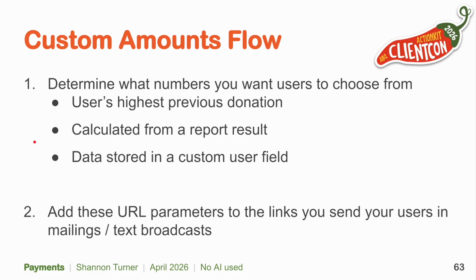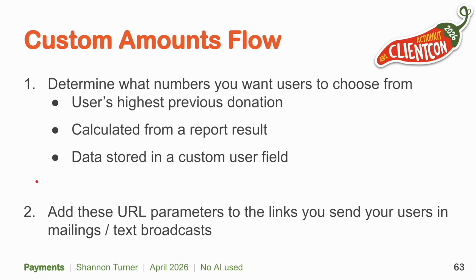So now that we know what this URL is supposed to look like, we can work backwards to assemble a URL that looks like that. So first we want to determine what numbers we want users to choose from. And we have so many options for this. Maybe you want to use a user's highest previous donation as your basis.